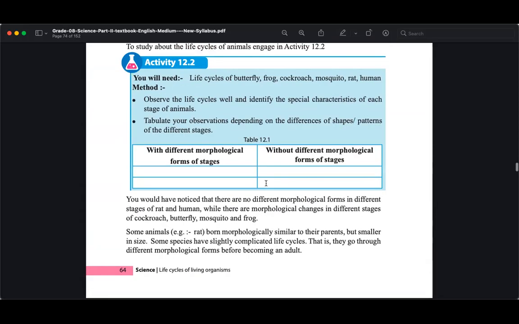Okay, so shall we write them down here in the table quickly? You can also write down with the pencil. So who are passing through different morphological stages? Butterfly, fly, frog, cockroach, mosquito.